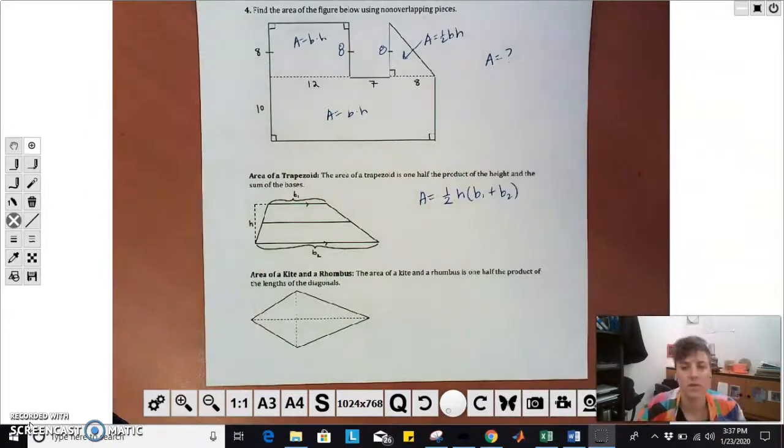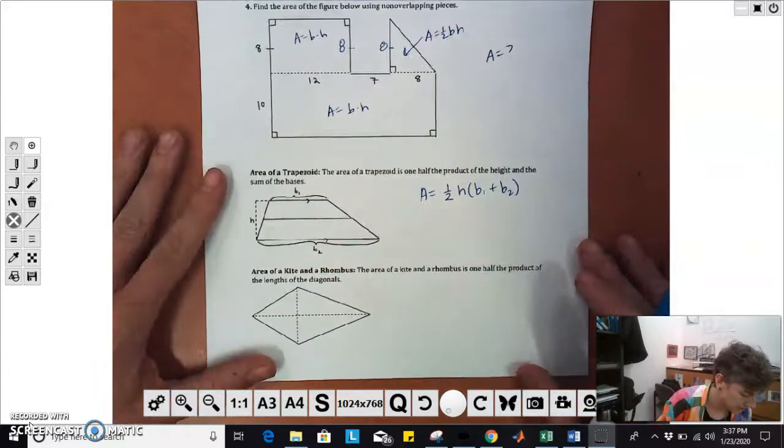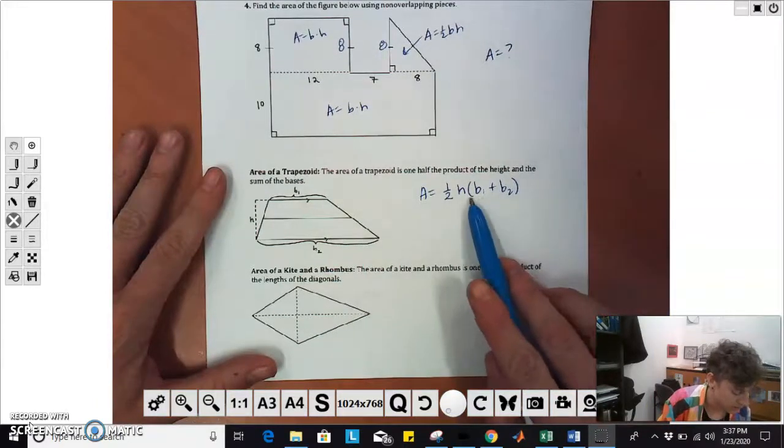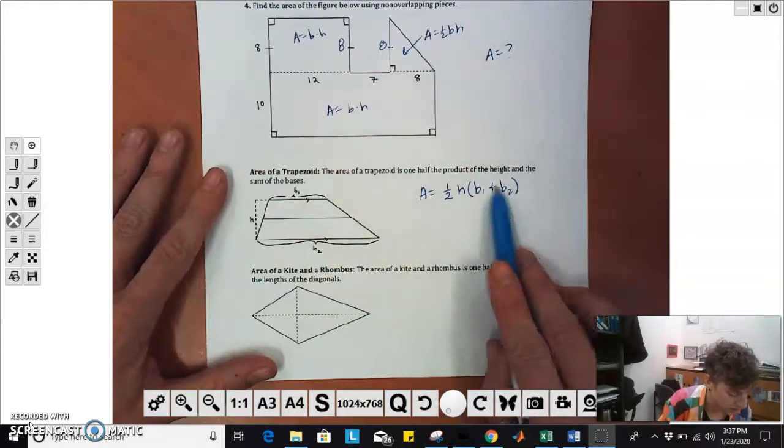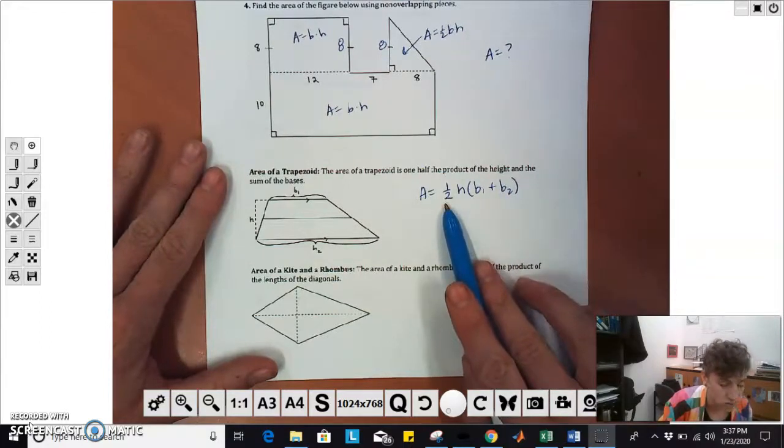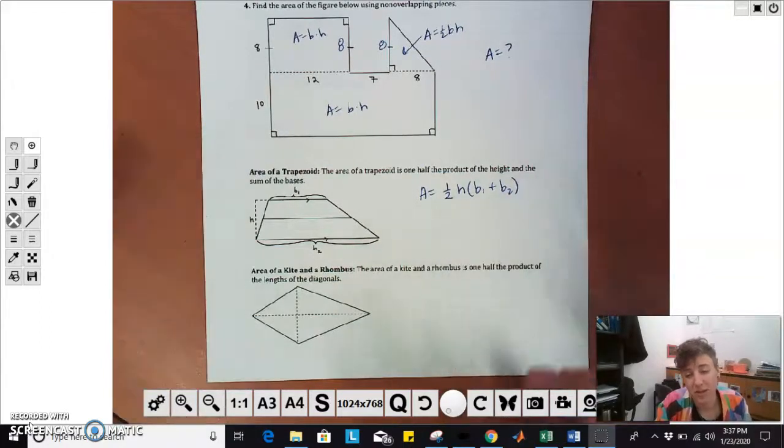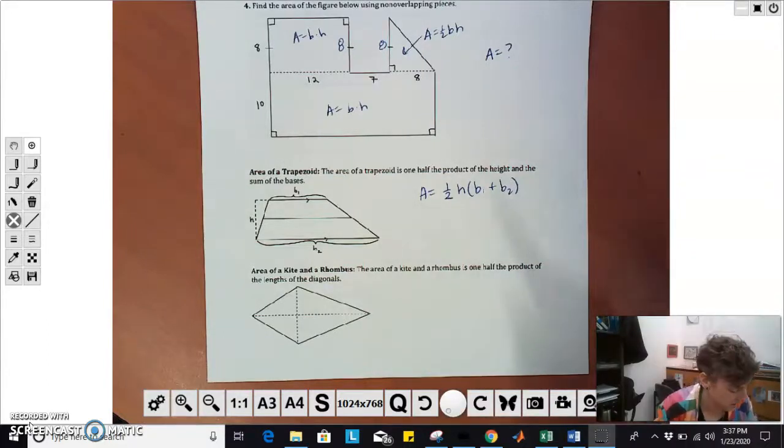Remember, your trapezoid has 2 bases. So you would add up the lengths of the bases, multiply that by the height, multiply that by 1/2, or divide by 2. Multiplying by 1/2 and dividing by 2 are the same thing.